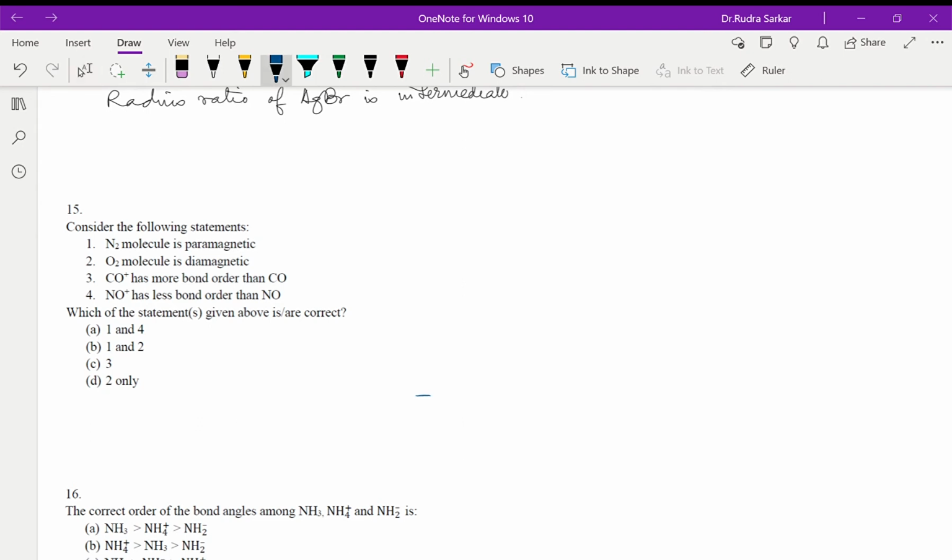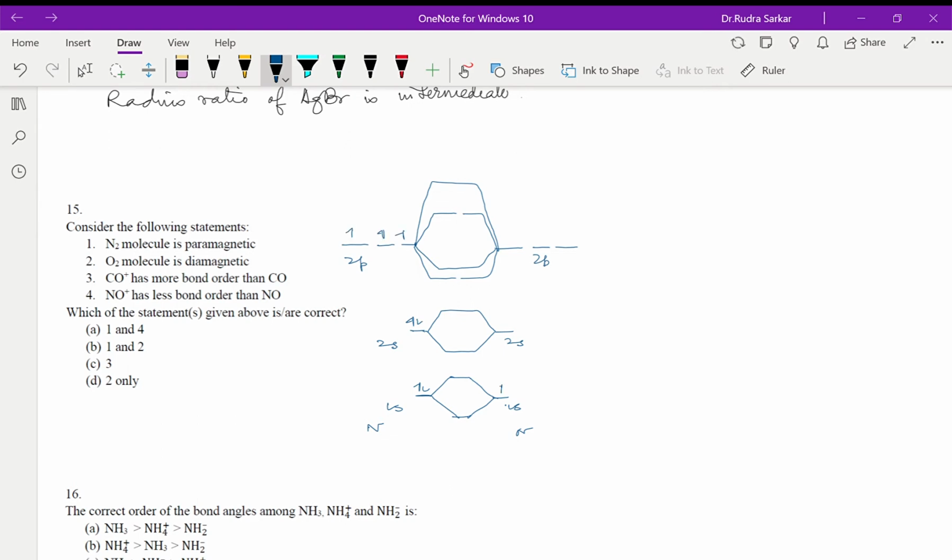So if we draw that, these are the anti-bonding orbitals: 1s, 2s, 2p.